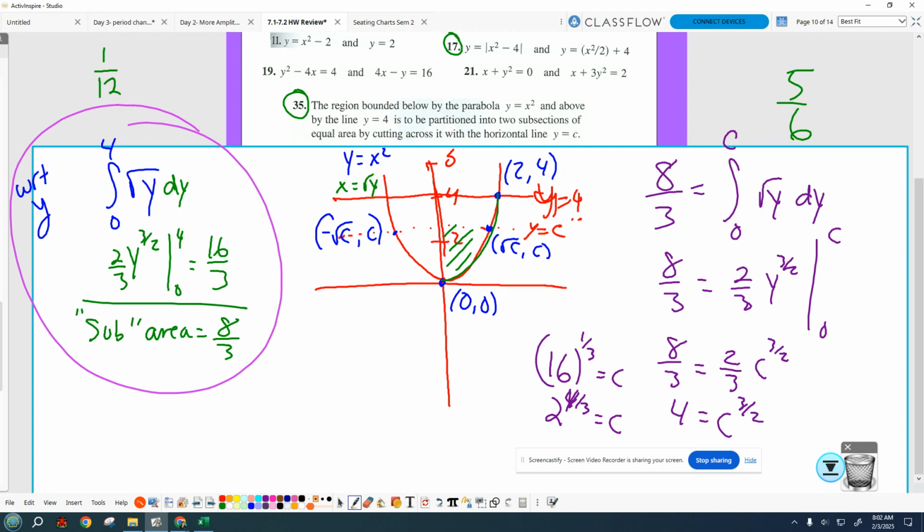I would integrate from 0 to 2, find the whole thing. And then 0 to root C, when does it give me half of that whole thing? Should we set that up? Actually, we'll have you guys set that up.